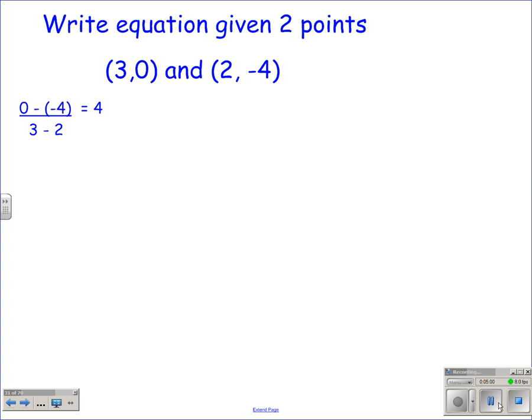I'm going to use the first point, I think you will find that it's the easier one to use. We have y minus 0 equals 4 times the quantity, x minus 3. When we do our distributive property on the right-hand side, we're already in slope-intercept form. How wonderful. That one didn't take much work in order to get it into slope-intercept.